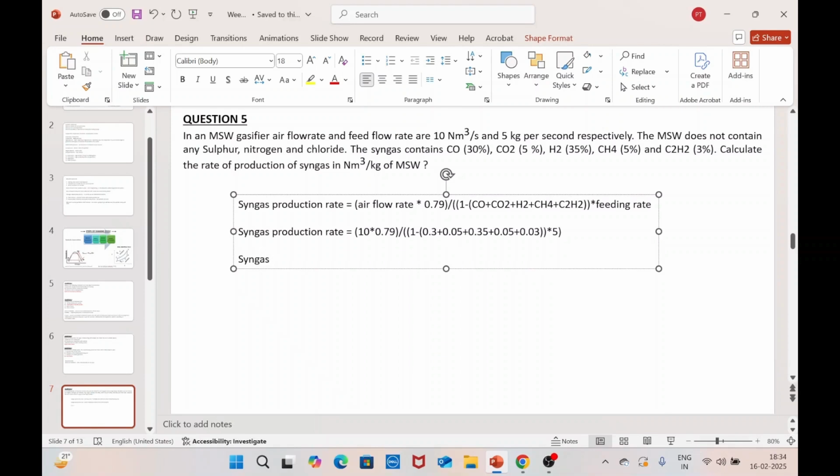So then syngas production rate would be 7.9 divided by 5 times 1 minus. So this will be 0.35, 0.7, 0.78. So this will be nothing but 7.9 by 5 times 1 minus 0.78 is 0.22.